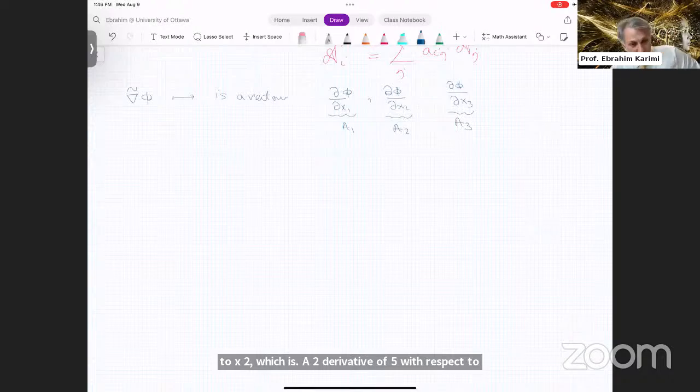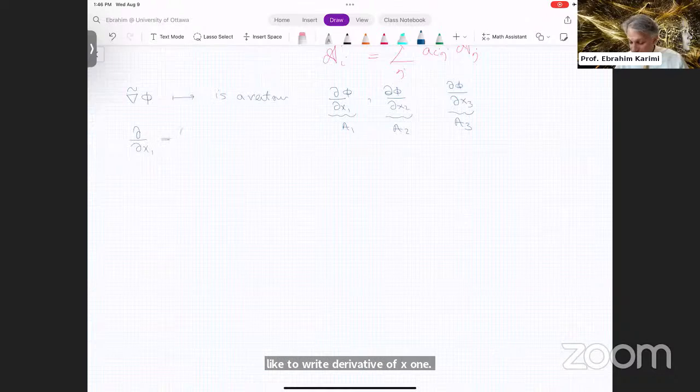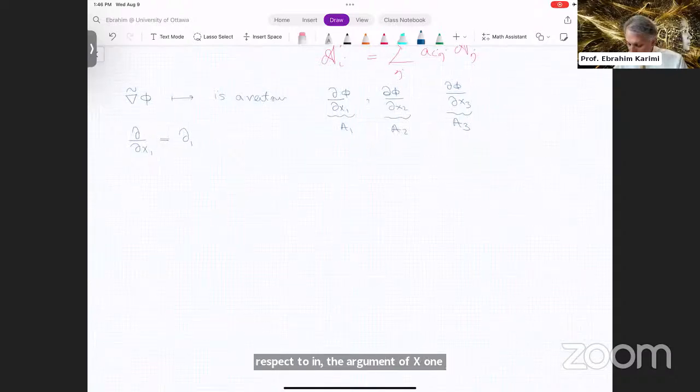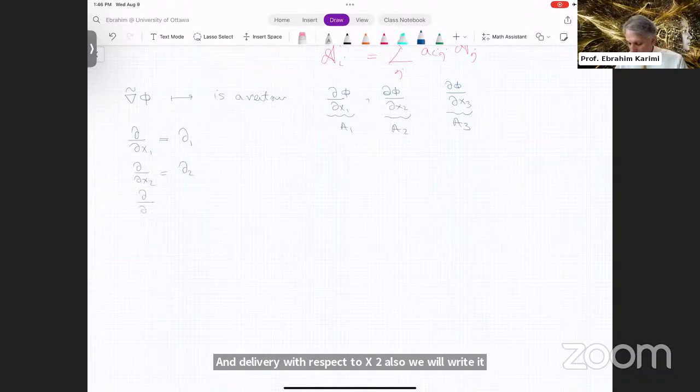Sometimes mathematicians don't like to write derivative of x1. Simply, they write it as derivative 1. This means that you are taking the derivative with respect to the argument of x1, and derivative with respect to x2 we also write as 2, and derivative with respect to 3 we write as 3.